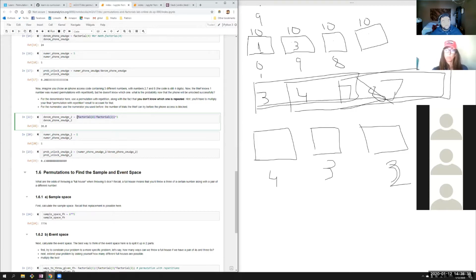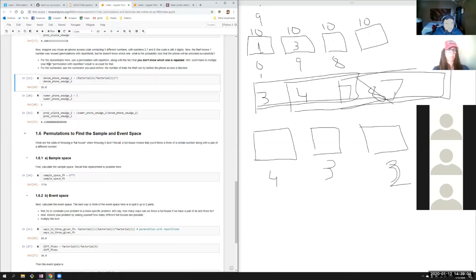So in each one of those 3 iterations, we were saying, all right, let's say this one repeats, or this one repeats, or this one repeats. That's why we multiply the number of permutations by 3. And that gives us a denominator of 36, is it? Yeah.